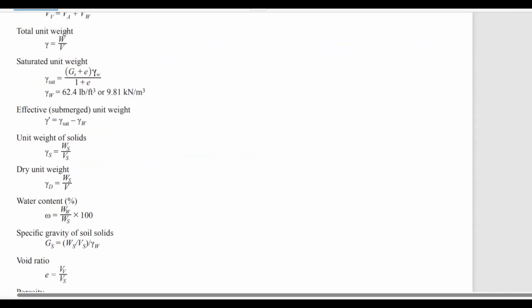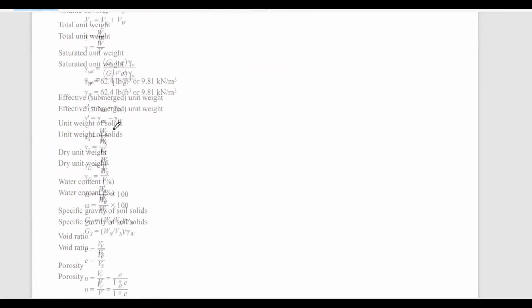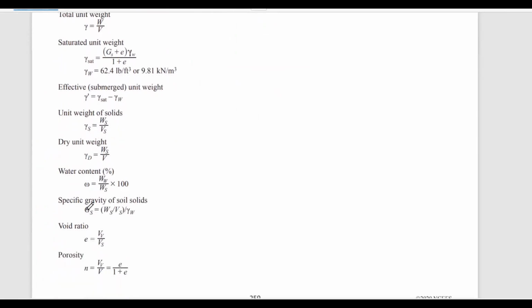Going back to the FE handbook, I'm going to look for the formula: specific gravity is equal to weight of solids divided by volume of solids, divided by gamma water. We have the weight of solids, we don't have the volume of solids. So from this formula, we can calculate the volume of solids.